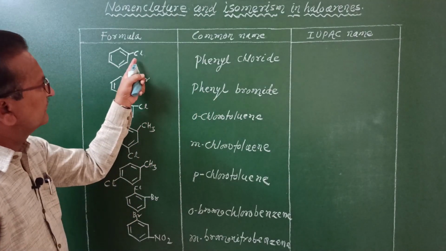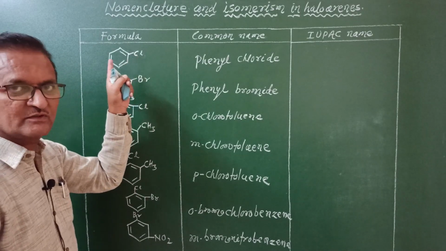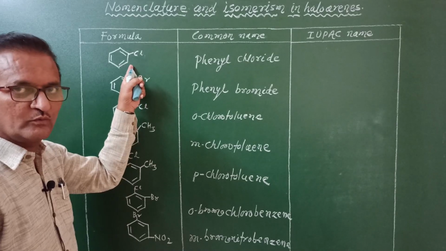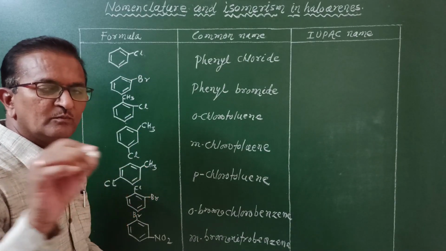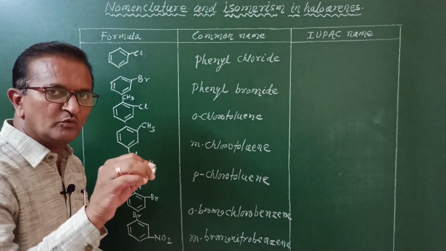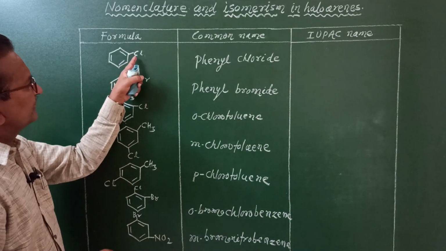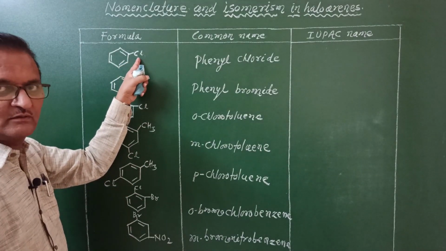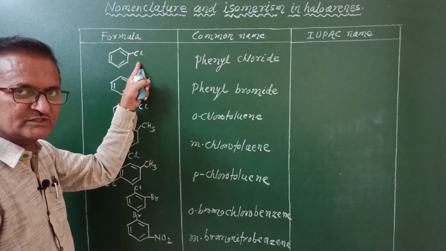What is the prefix name? That is chloro. If there is a chlorine atom, we have to use the prefix chloro. Bromine atom, bromo. Iodine atom, iodo. Therefore, the name of this substituent is used as a prefix to benzene.